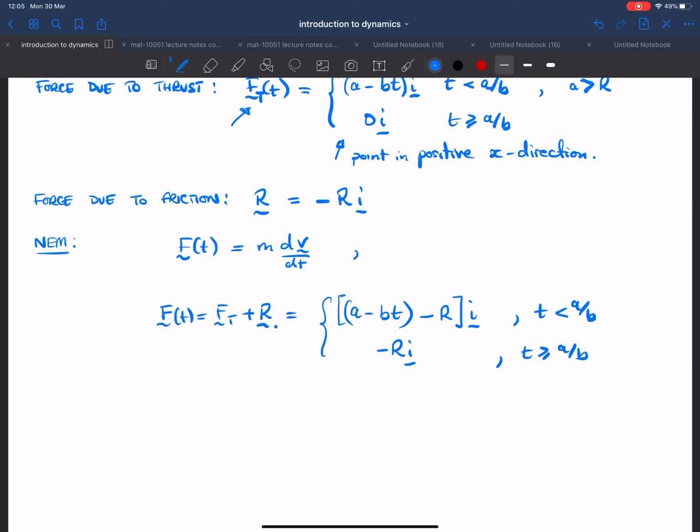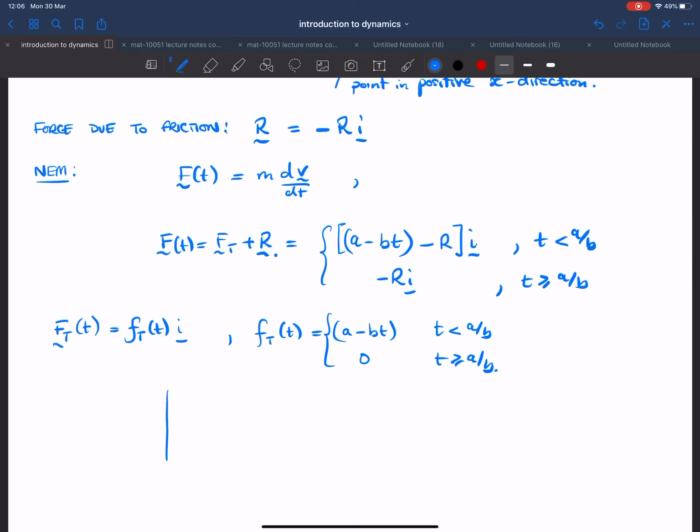Okay, so basically let's draw F(t), where F(t) is a scalar function that is piecewise defined. We don't need i because it's not a vector. If I plot this, this is what the forward thrust looks like, or the magnitude of the forward thrust.